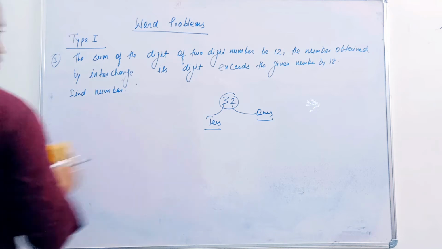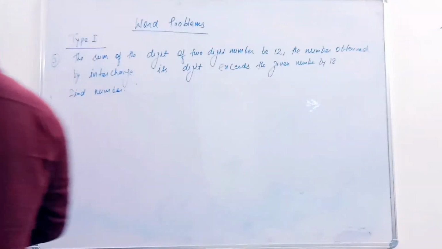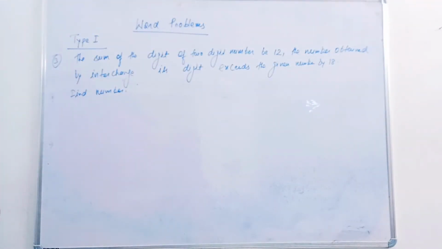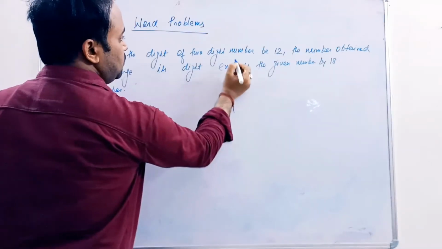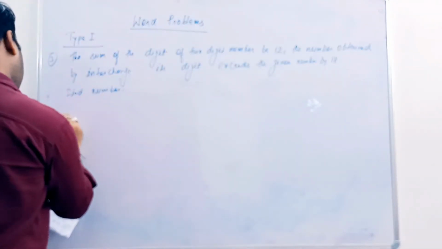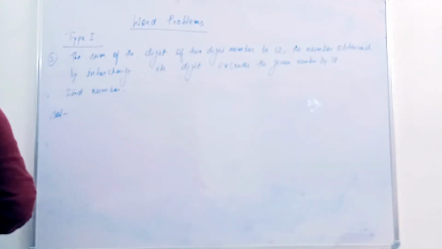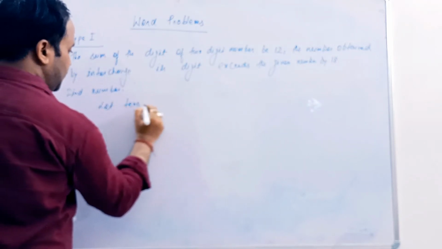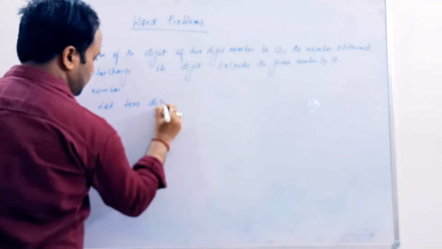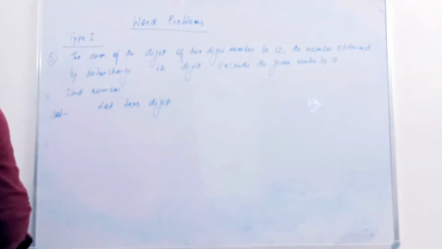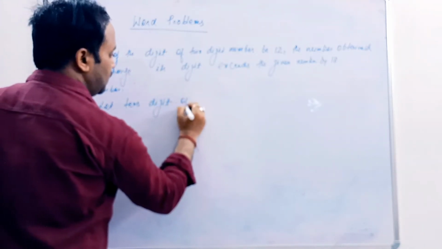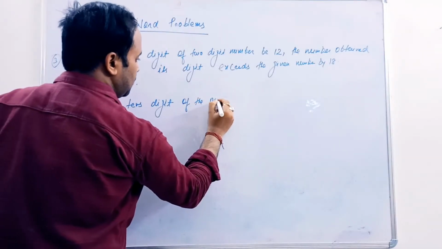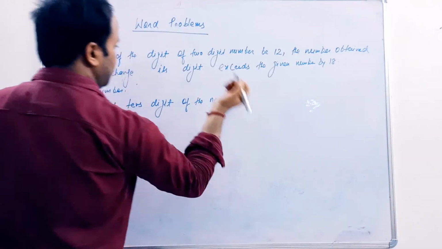How? In the given question we have a two-digit number. First, write: let the tens digit of the number be x.